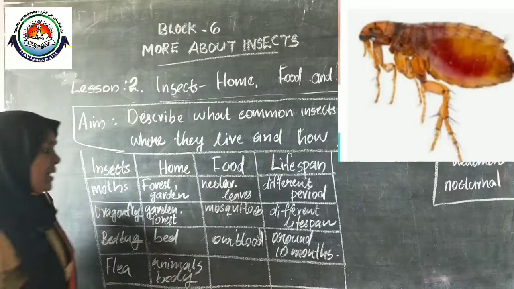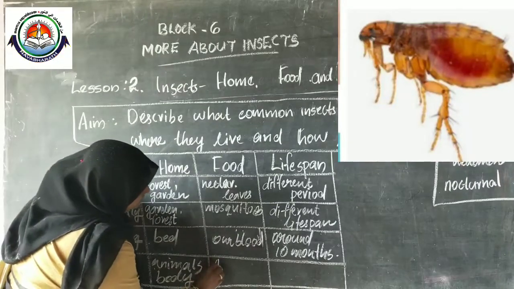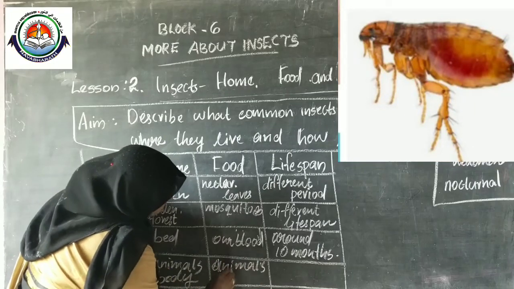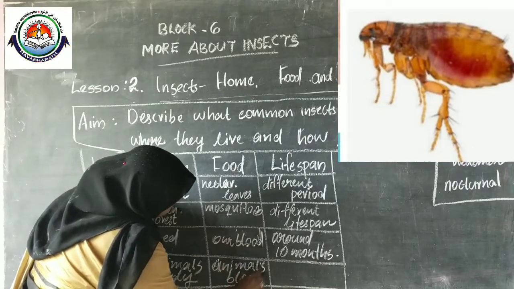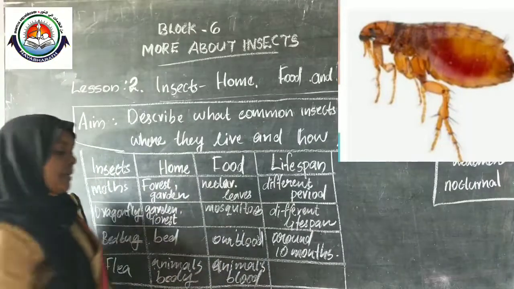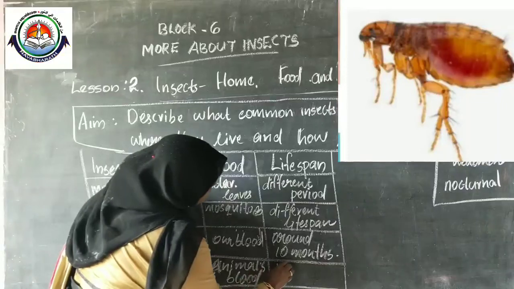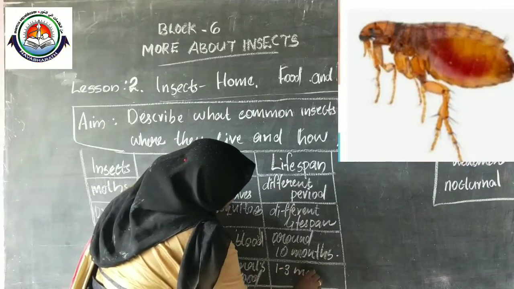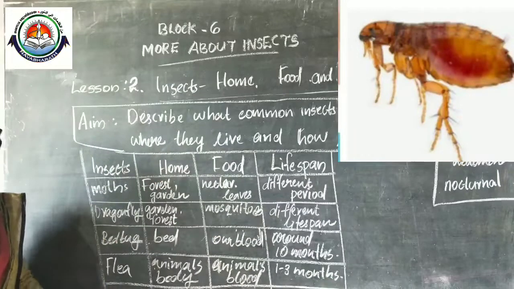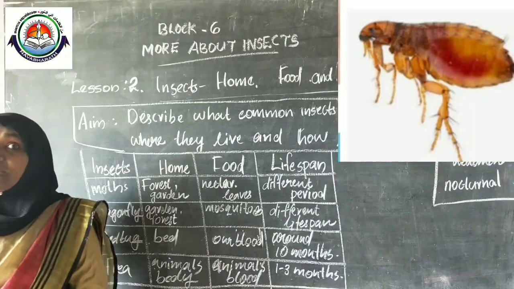Yes, very good. Animal's blood. Then they live 1 to 3 months. Then the last one is silverfish.